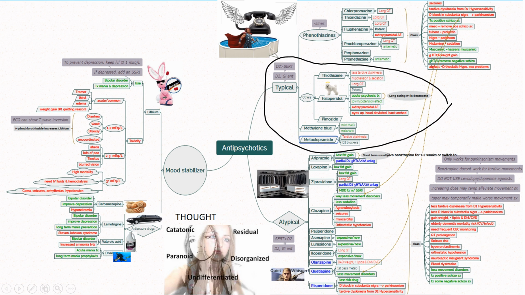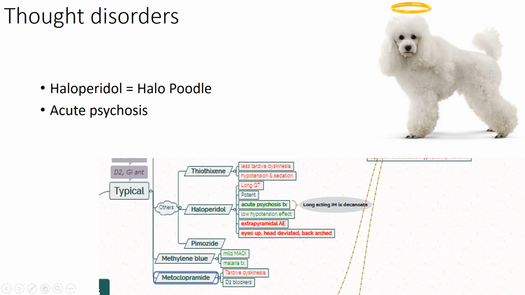Now we're going to be focusing here. Okay, right here we have haloperidol. It's the main one I want you to focus on. Yes, there is thiothixene and pimozide and methylene blue and metoclopramide, whatever. Mostly focus on haloperidol. This is the halo poodle, but this is no ordinary poodle. This poodle is acutely psychotic, okay?